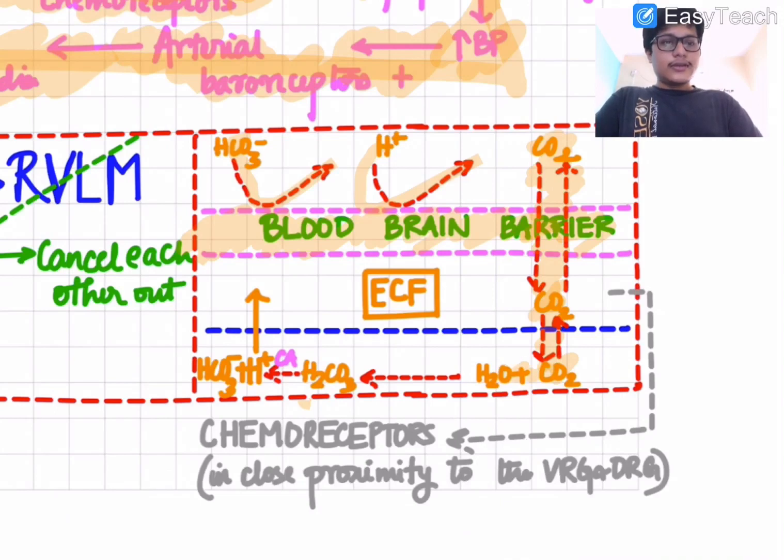In the intracellular fluid, due to the action of the carbonic anhydrase enzyme, there is formation of bicarbonate ion and H plus ion.